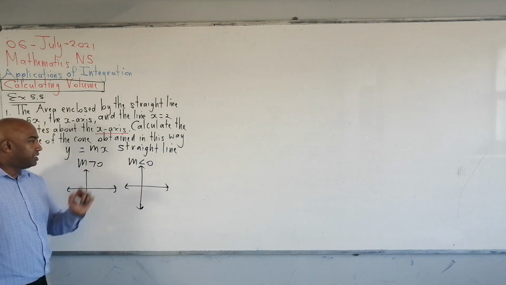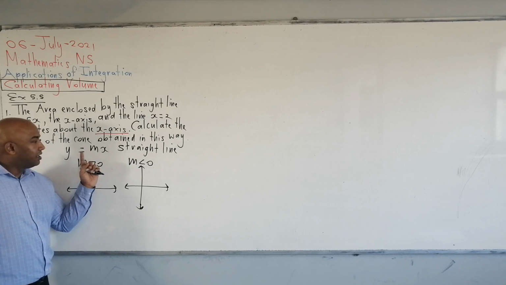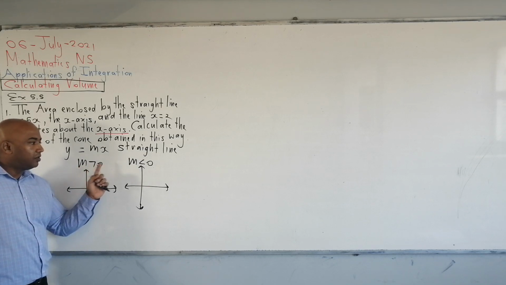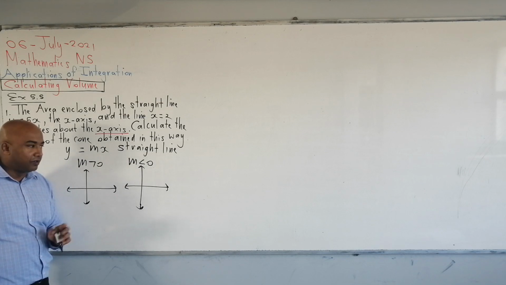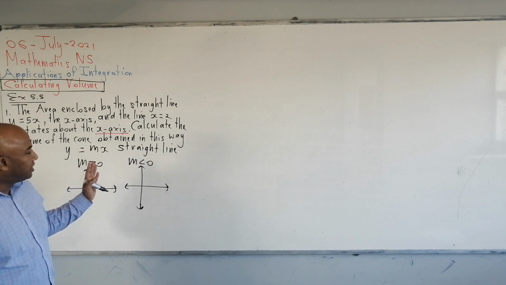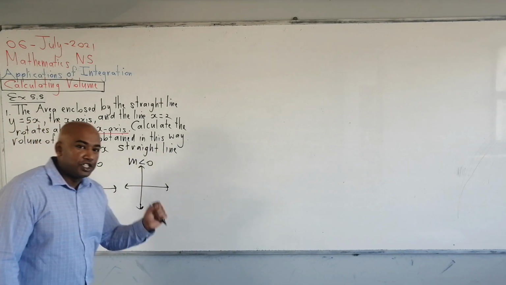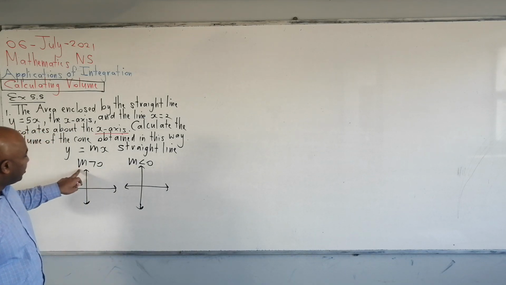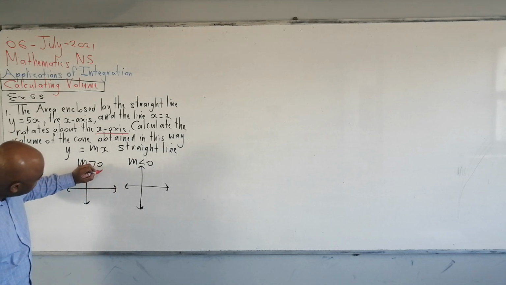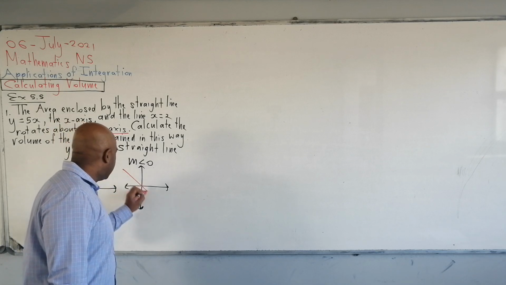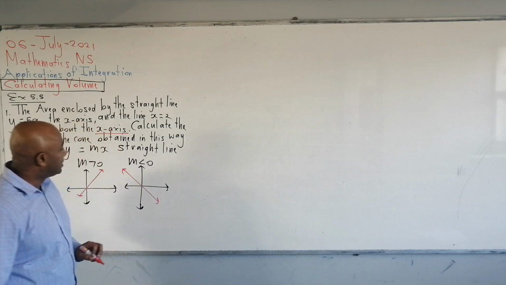So if you have the equation in the form y is equal to mx, then here you check your gradient. Now, what's easy about sketching this graph is it has to pass through the origin, which is (0, 0). If your gradient is greater than 0, then your graph will be increasing. If it's less than 0, decreasing.